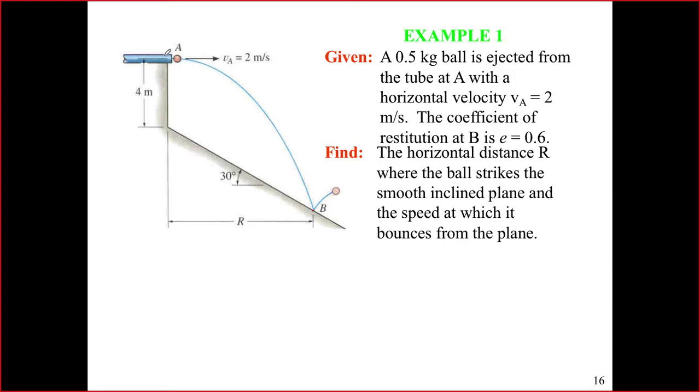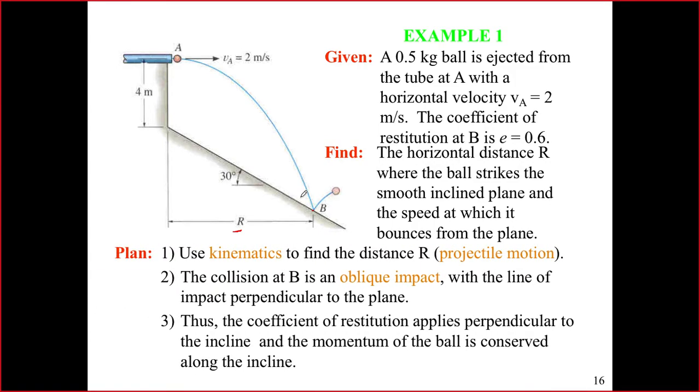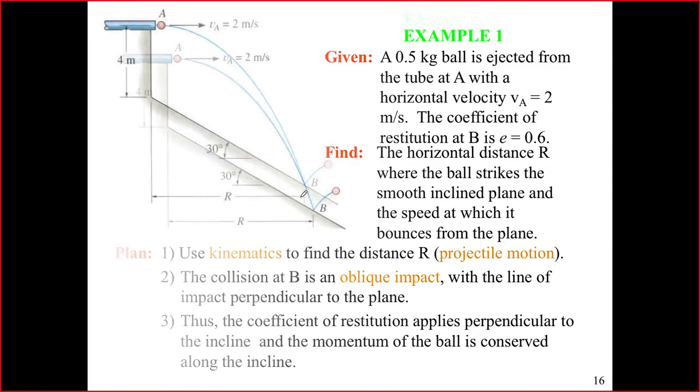So using projectile motion analysis, we're going to be able to find this distance r, and also the velocity right before impact. Once we know that velocity before impact, we can use our impact analysis to find its final velocity after impact. So that's the strategy: projectile motion first, and then we have our impact problem.